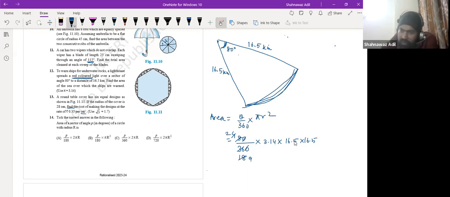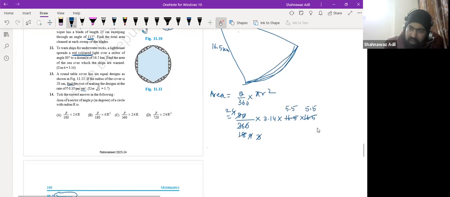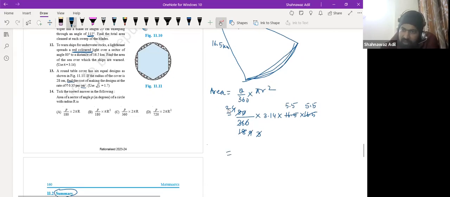So this is 3, then this is 5 and 5, and then 5 and 5. What is the value that we'll get? So this is 5.5, and 5 twos are 10, and 5 twos are 10 and then 1, 11. So this is 11 into 3.14 into 5.5. So how much is this thing?